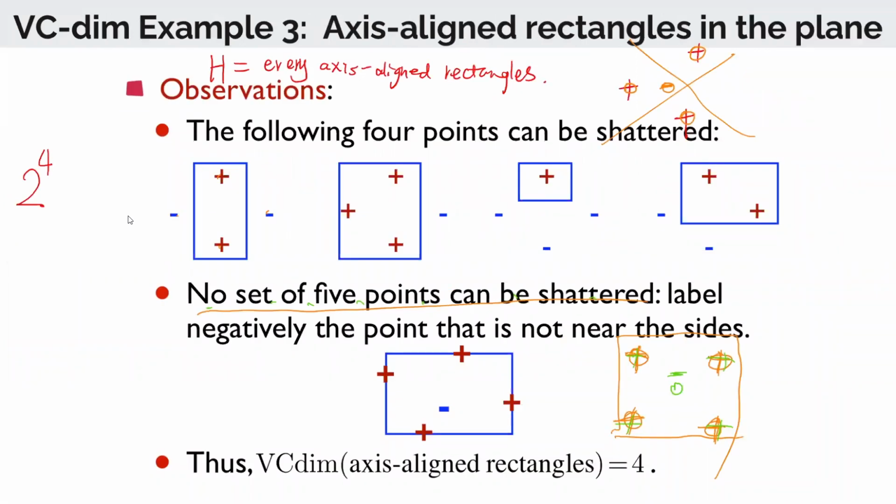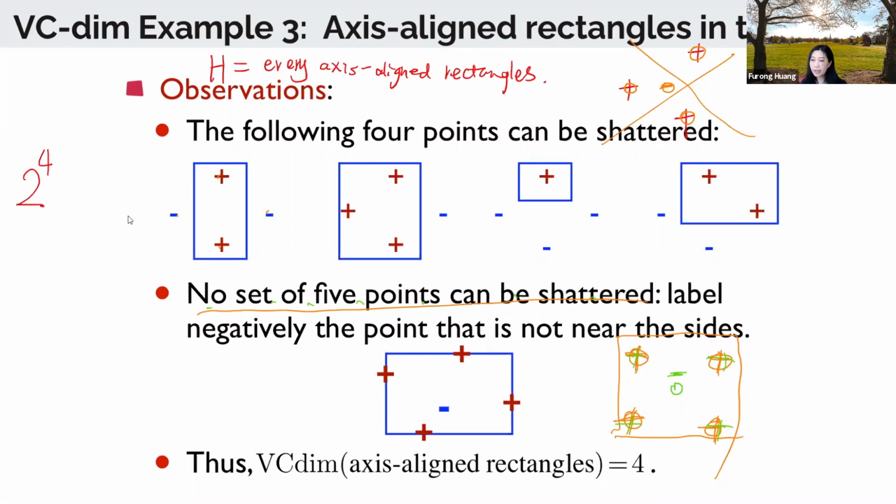Instead of arranging the first 4 points by a rectangle, and then if you arrange the 5th point, we may not be able to shatter. Instead, if we arrange all 5 points in the form of a pentagon, sometimes we may be able to shatter. I don't know if I follow the question.